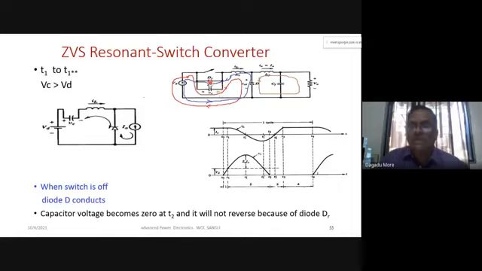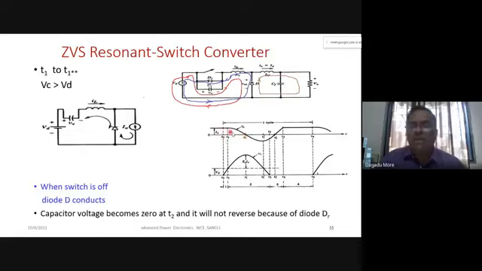Why does it go on decreasing? Because the capacitor voltage goes on increasing. And when this red positive current becomes zero, that represents the instant T1 dash.